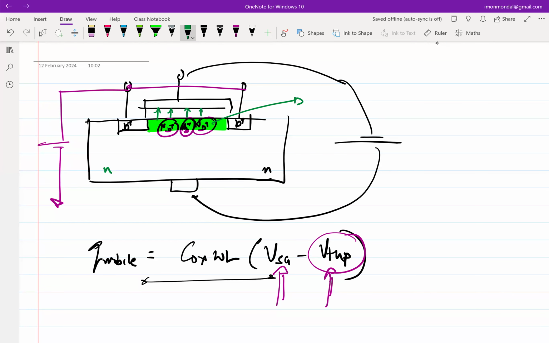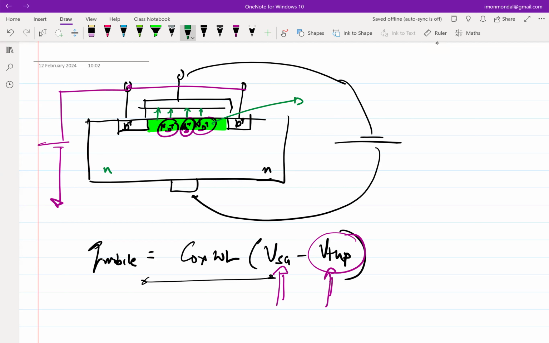Again, to drive home the point, if you are doing a device physics course, you cannot really say that below threshold voltage there are no mobile charges, and above threshold voltage you have lots of mobile charges. It's always a gradient. But in this course, we are not particularly bothered with that gradient. What we are bothered about is that if we have a sufficient amount of charges, what can I do with it?